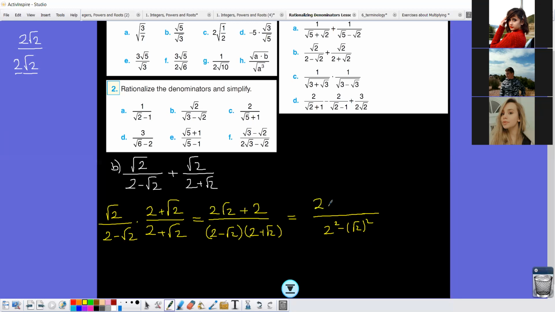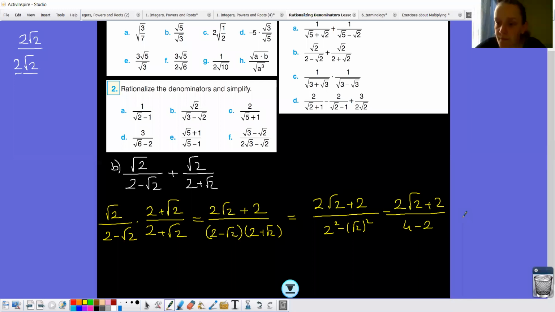And here I have 2 root 2 plus 2. Then what I will have, root 2 plus 2 over, this one is 4 minus 2, which is the result, 2 root 2 plus 2 over 2.